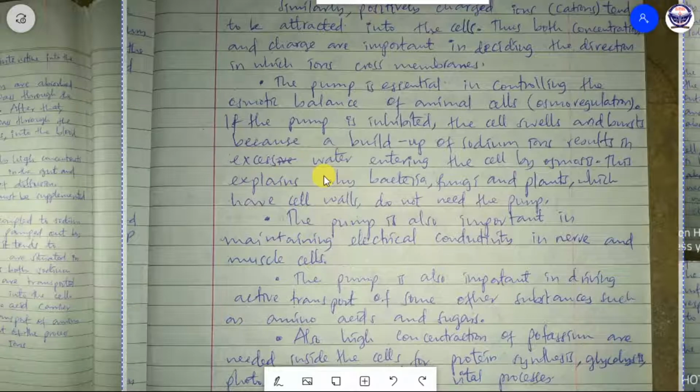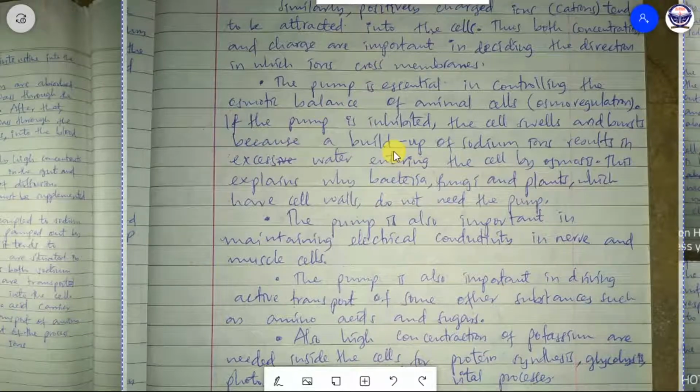So the bacteria and the fungi contain a cell wall. So even if ions accumulate in the cytoplasm and the ions draw water into the cytoplasm, no problem, because accumulation of water does not lead to bursting of the cell, as the cell wall protects the cell membrane.